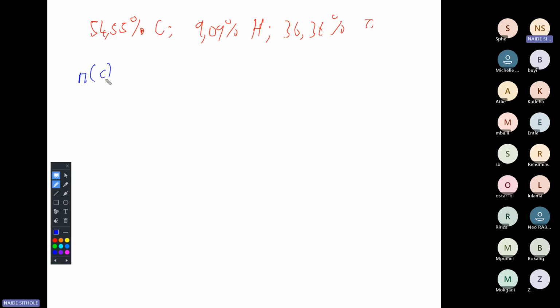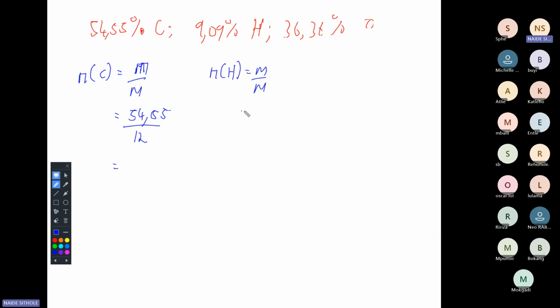The number of moles of carbon is mass over the molar mass. Our mass is 54.55 over 12. And then hydrogen is mass over the molar mass, it's going to be 9.09 over 1. Oxygen mass over the molar mass, 36.36 over 16.